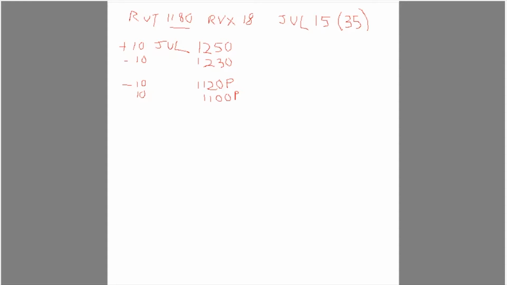These are puts, these are calls. I'm selling the 1230, buying the 1250, selling the 1120, buying the 1100. This credit is going for around a $5 credit.